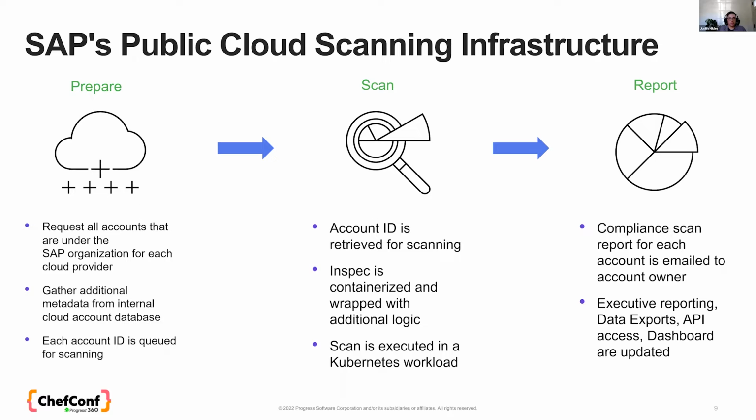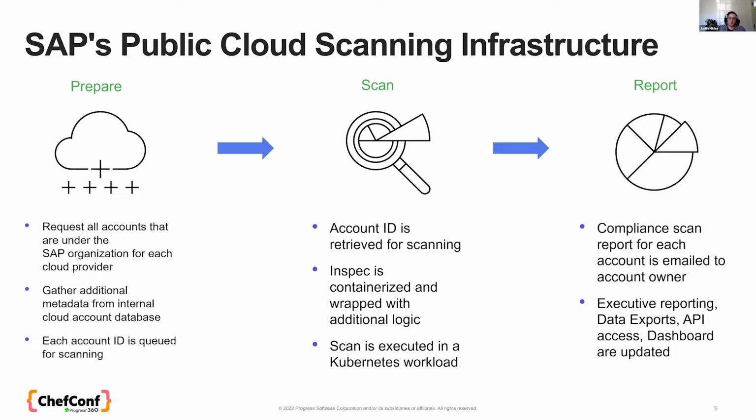So we request all the information about the different accounts, account IDs, sorry, under each organization for each of these cloud providers. We then gather additional metadata. We have an internal database that has information about owners, security responsible individuals that are attached to those specific accounts. All that data is gathered, and we queue that account up for scanning.